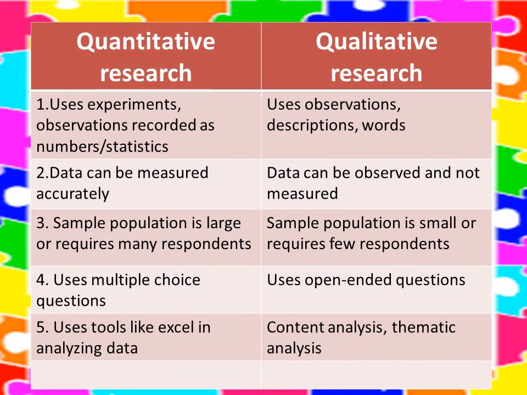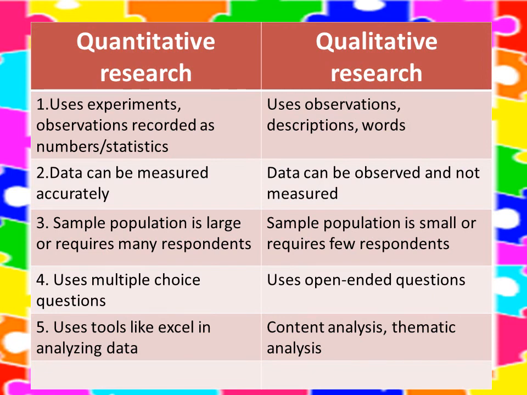For number 2, in quantitative research, the data can be measured accurately, while in qualitative research, the data can be observed and not measured.